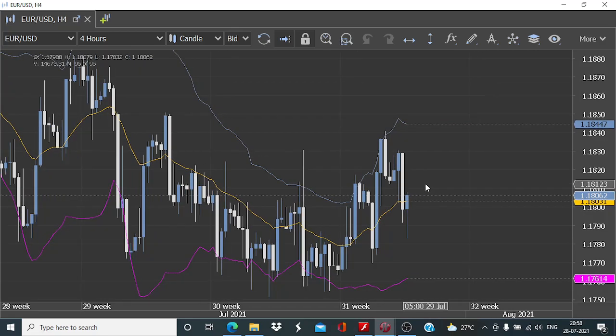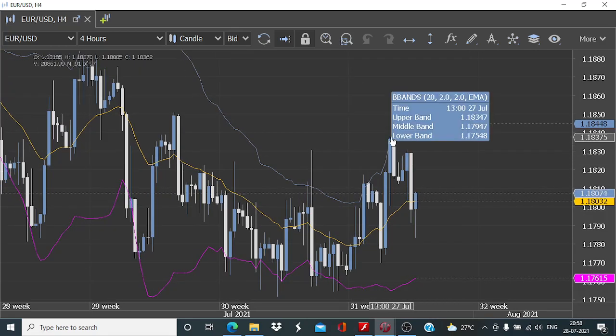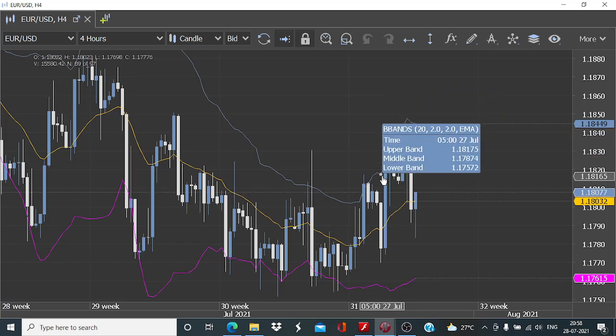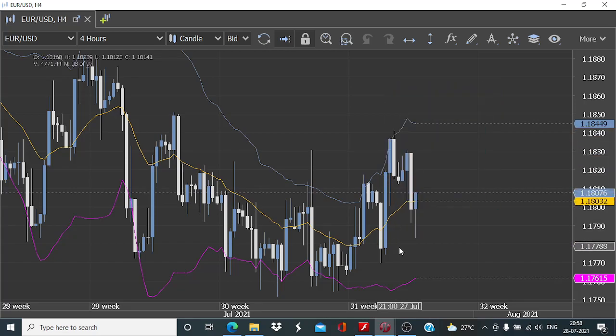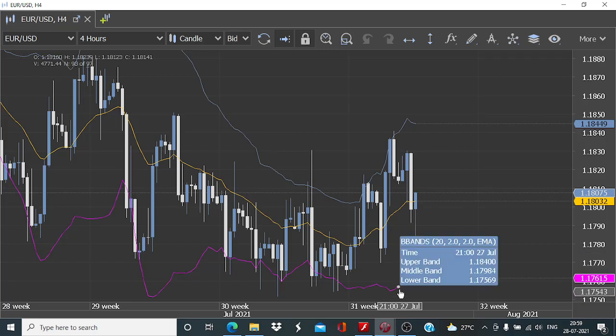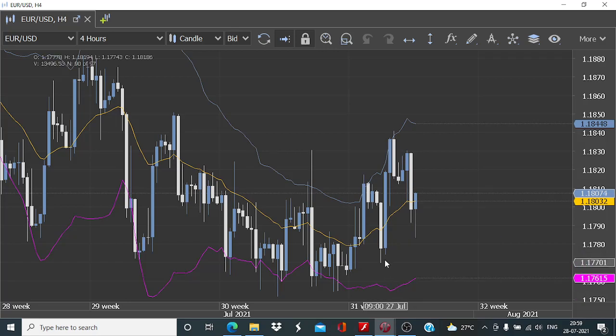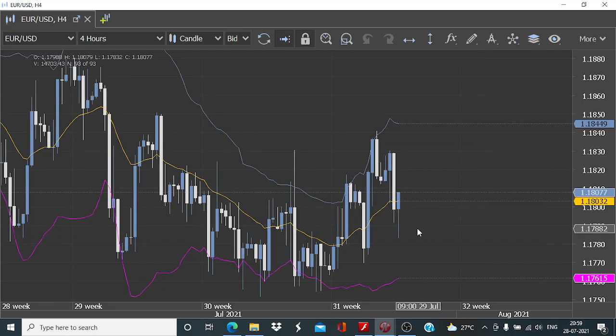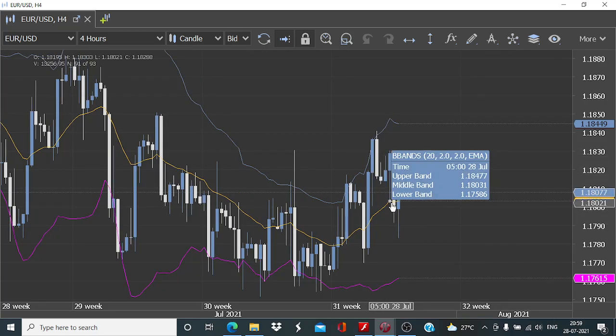We compare the cluster high, the 12 4-hourly candles taken together, and the highest of that value needs to be higher than this upper band, and it should not have touched the lower band, so it will need to be above the lower band. The lowest value should be above the lower band, and the highest value will need to be higher than the upper band. And with that, we will also be considering the momentum.